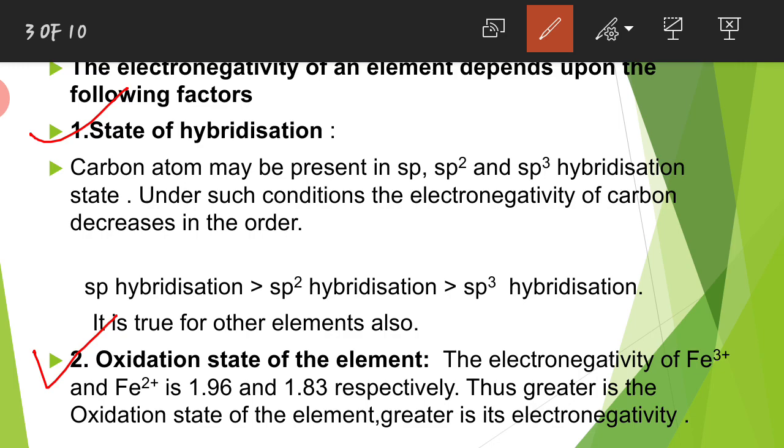Thus, greater is the oxidation state of the element, greater is its electronegativity.